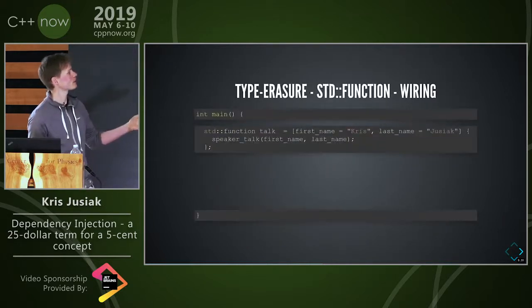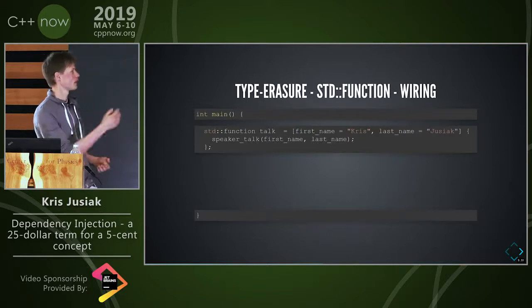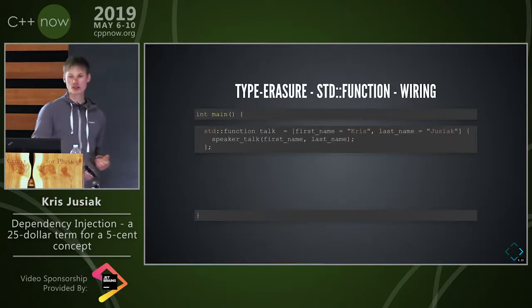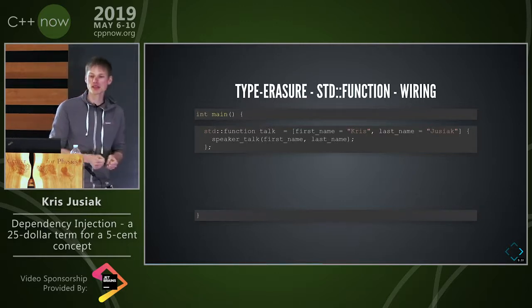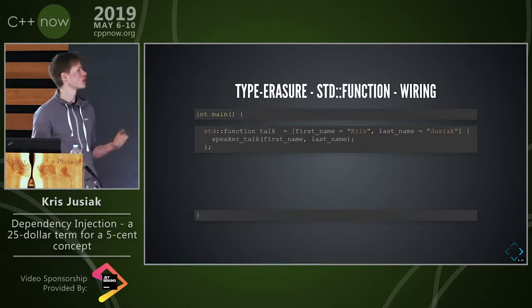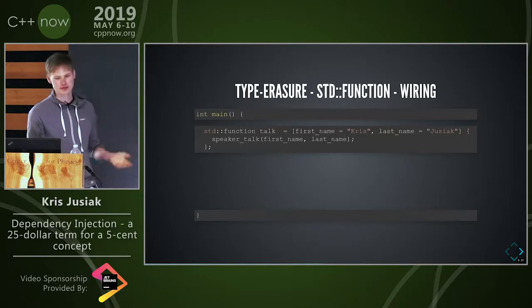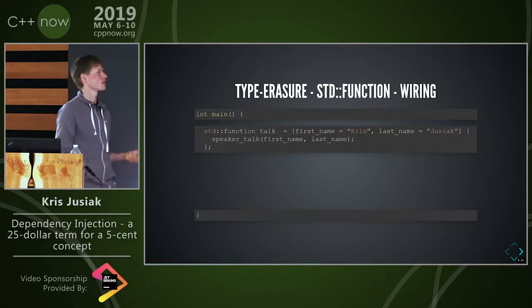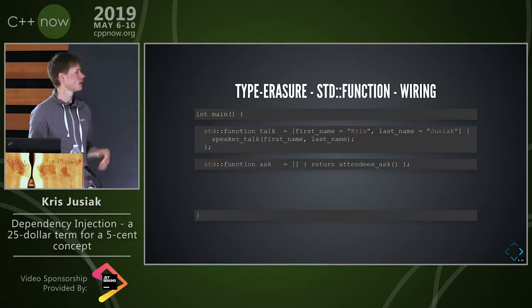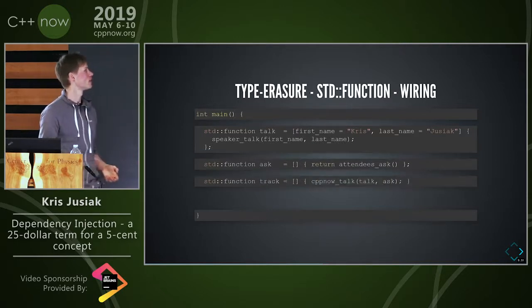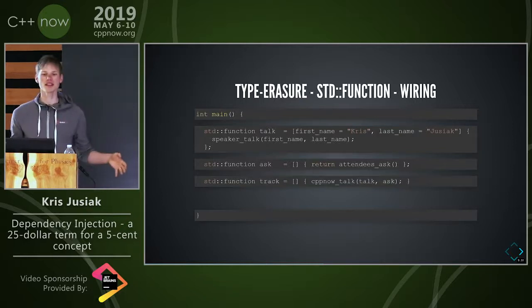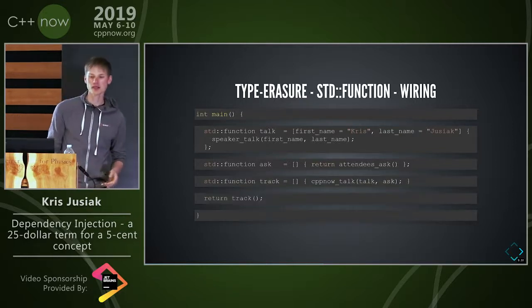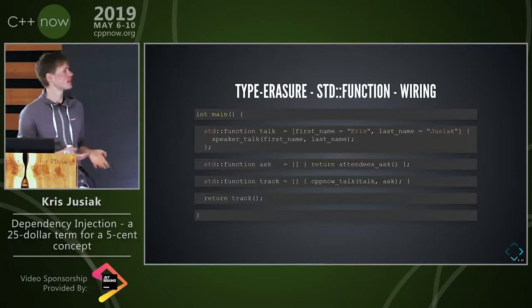And the wiring here will be when we have the talk, we kind of bind the names, and then we can call the talk without explicitly calling the member names. So it's basically like having a class with member variables and passing them through. And ask will just call the other function. The track will call one of those functions. It's basically the same idea, just with functions. And that might be done with DI as well. So that's still DI.